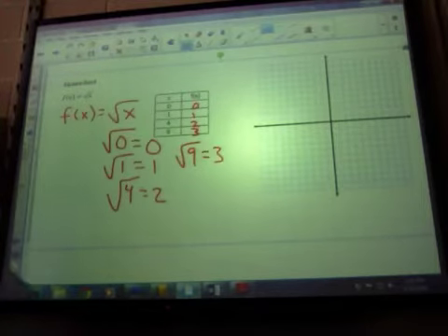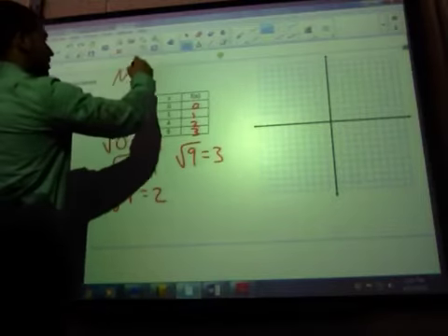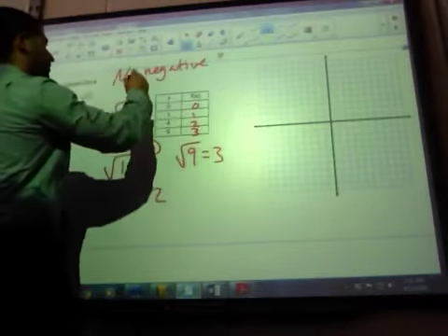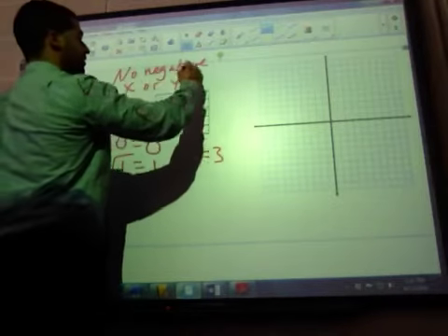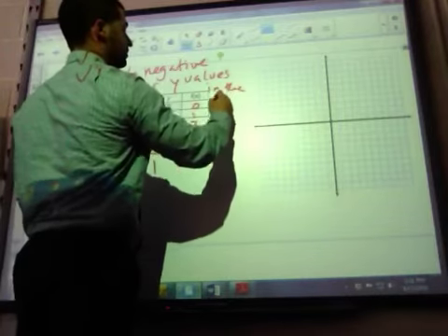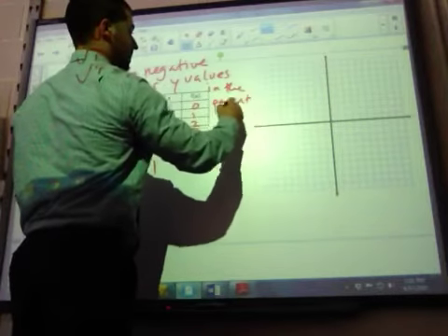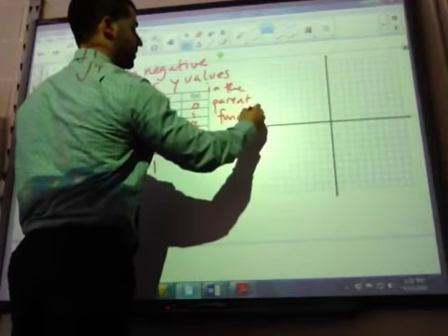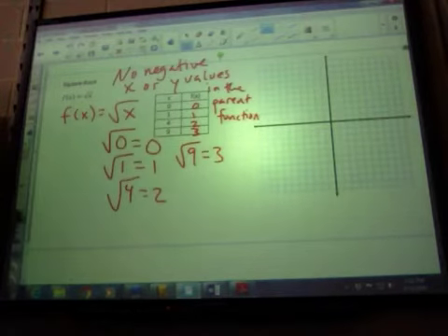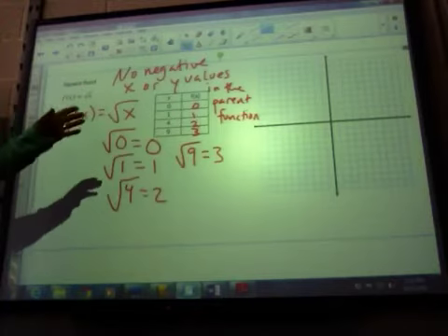The other thing you need to be careful of, there are no negative x or y values in the parent function. Now it may shift later and might bring numbers into the negatives, but in the beginning this parent function has no negatives.